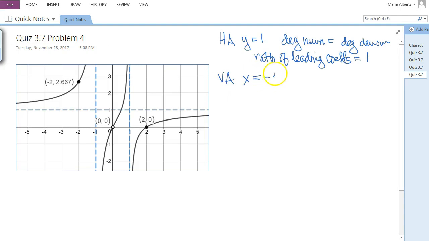Then we have vertical asymptotes at x equals negative 1, x equals positive 1. So we know that x plus 1 and x minus 1 are in the denominator.